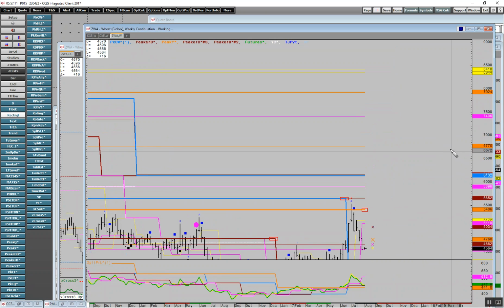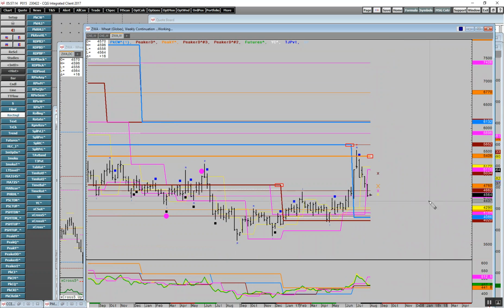Now, once that drops under support, it opens up this big gap up to there. So I think what we're seeing here is a basing in a lot of the commodities, and at least that's true while we maintain this zone here, 4086 to 4020.